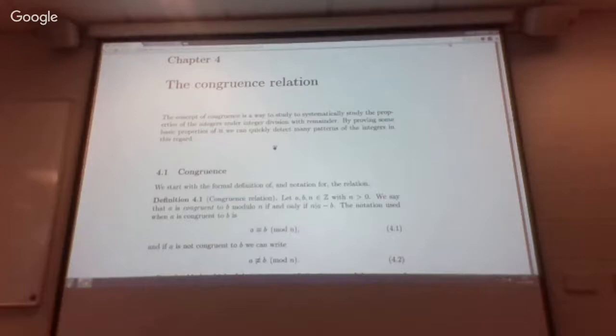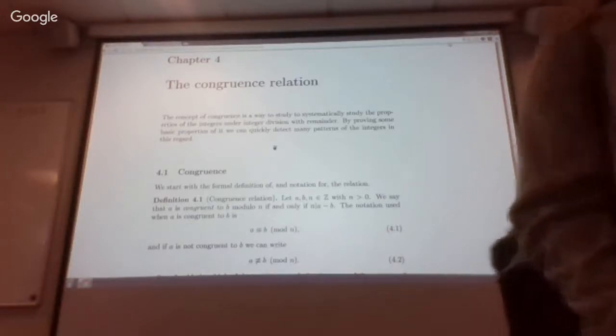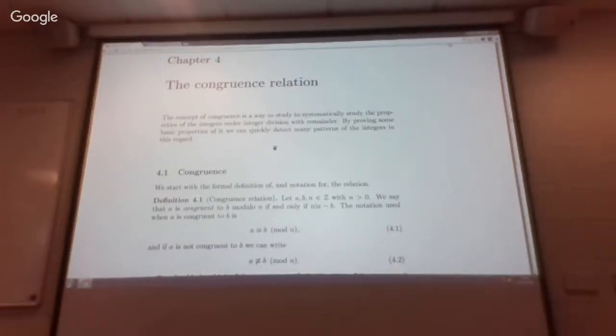Because p was a prime number bigger than or equal to 5, so it doesn't work for 2 and 3, we considered the integers modulo 6, and we found that p was either 6k plus 1 or 6k plus 5. Those were the only 2 possibilities for a prime number.